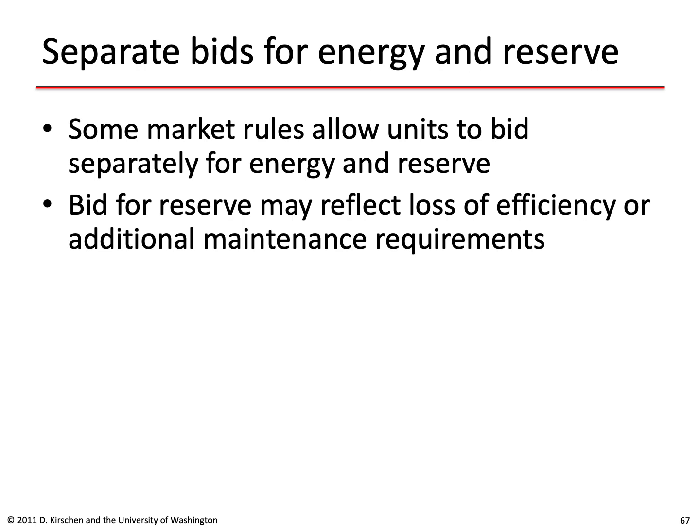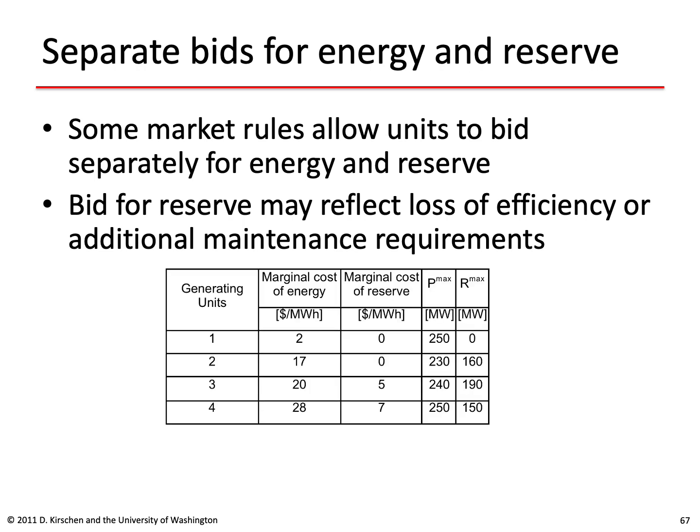So let's suppose, take another example, that in addition to the marginal cost of energy, these units also provide the marginal cost of reserve. And in this case, we'll assume that Units 1 and 2 have a marginal cost of reserve of 0.